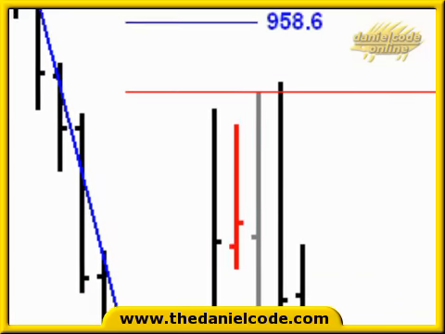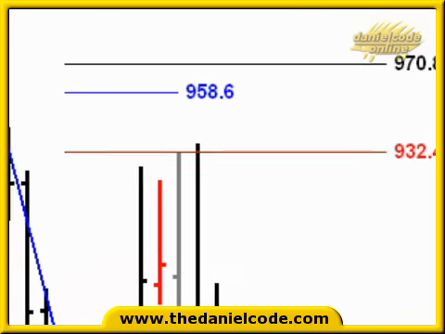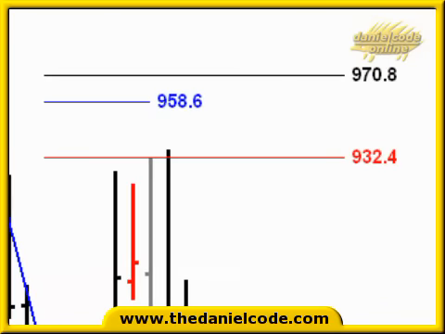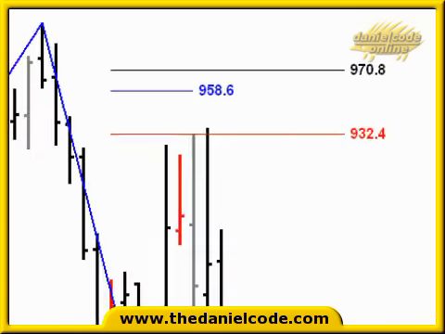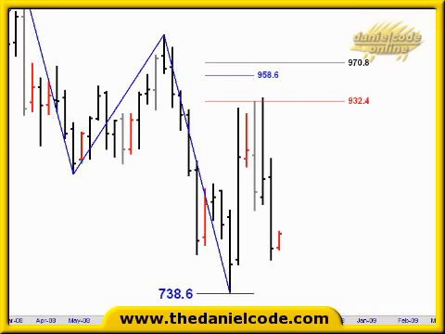Where did it go? It went to the retracement. It went to the 932.40, 932.50 retracement level, which marked the swing from the September low back up into the July high. And we can now see here we've had every turn on the weekly charts at Danielcode numbers.